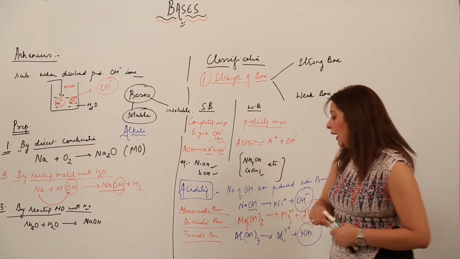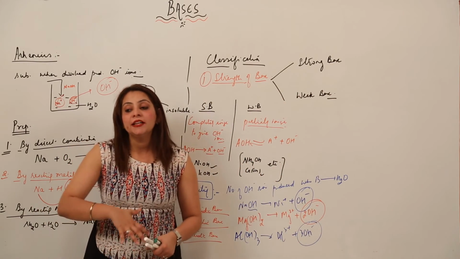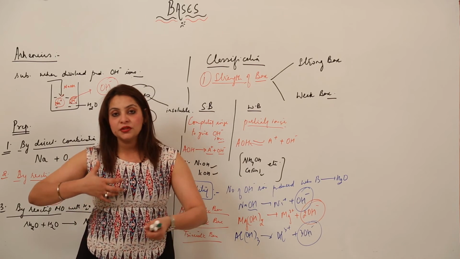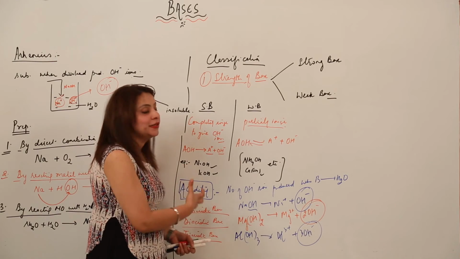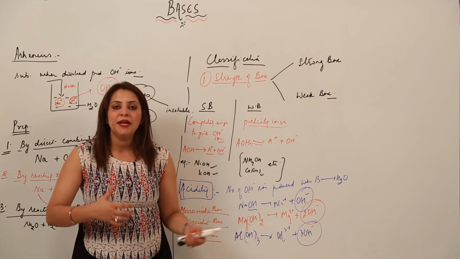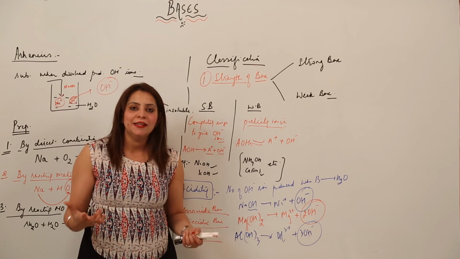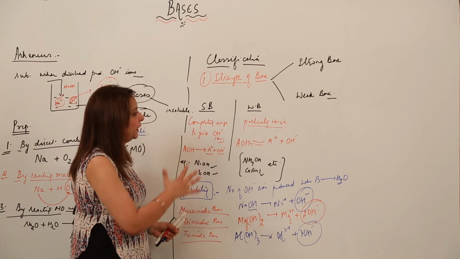triacidic base. So likewise, depending upon the number of hydroxide ions they contain and the number they give when dissolved in water, this is called the acidity of the bases, and accordingly we call that base a triacidic base, diacidic base or polyacidic base, right? So this is somehow the properties.